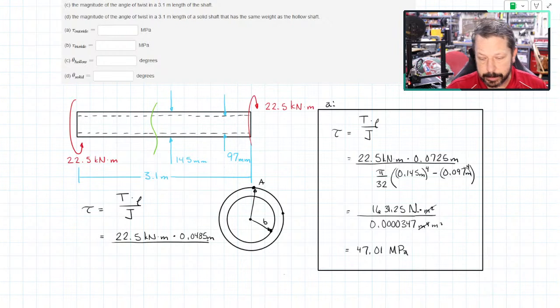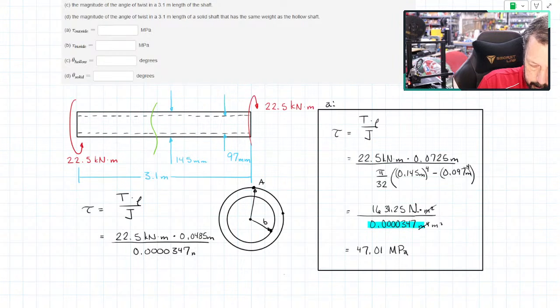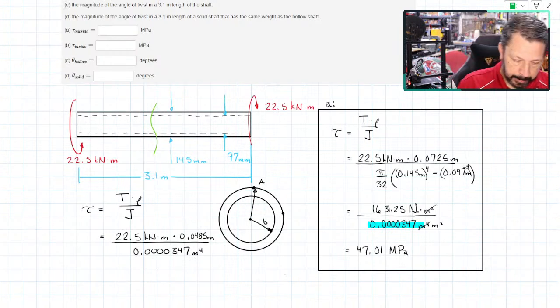I could just take this number and put it in over here, because that's what I calculated for the polar moment of inertia, or I could put the whole equation in, whichever.